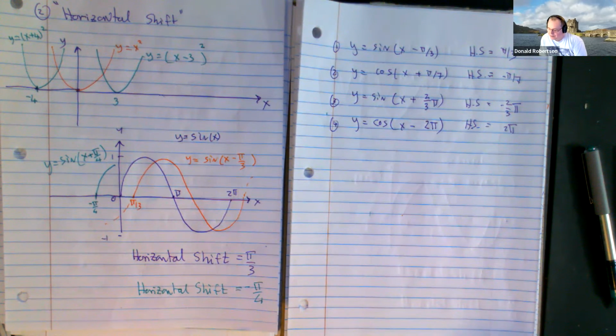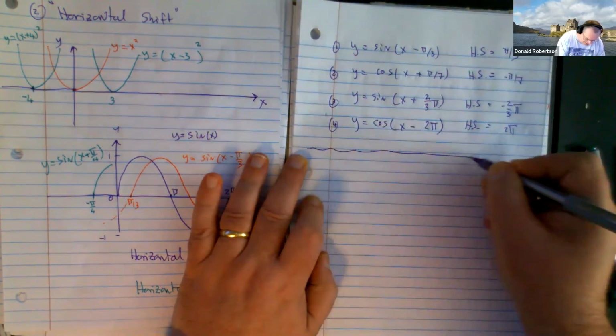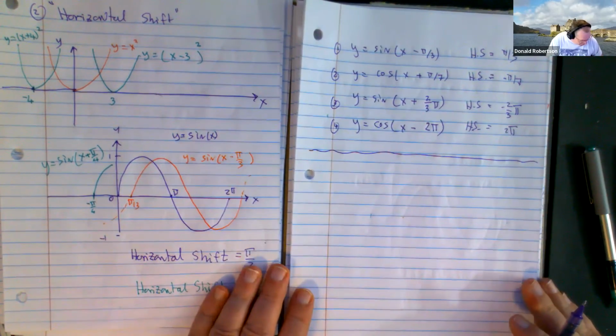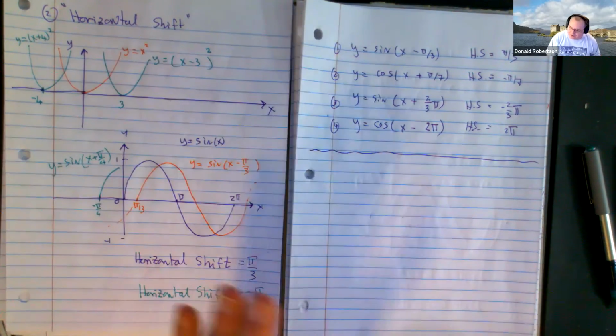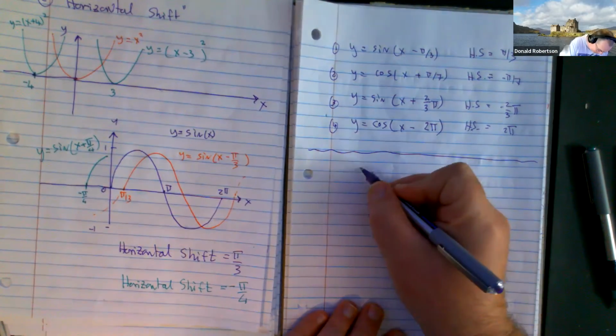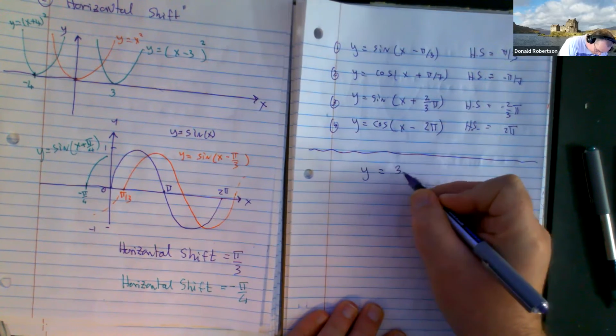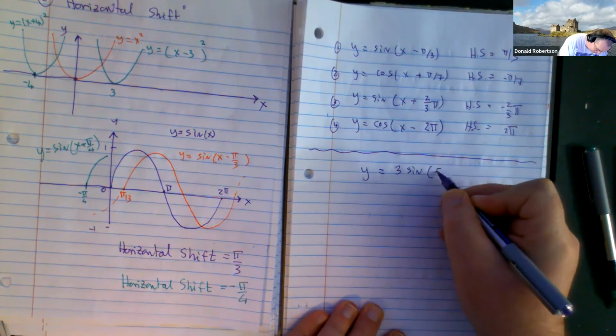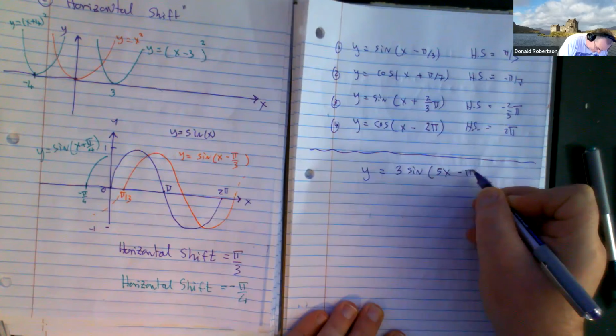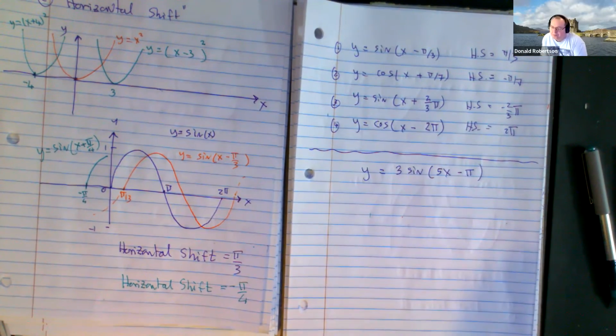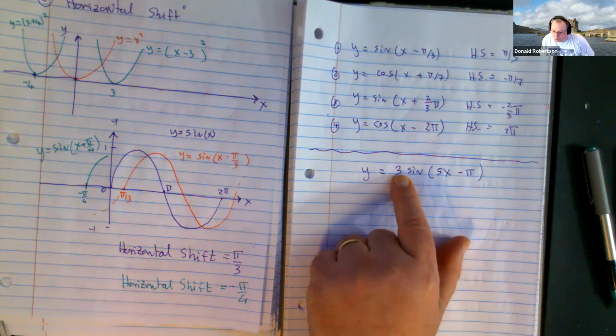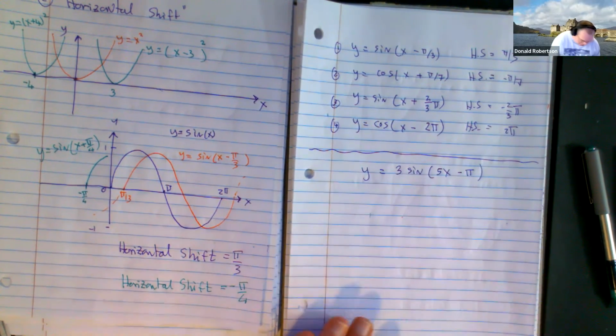So far, so good. Now, I kept saying these are the easy ones, and it's true they are. Now I'm going to show you the ultimate granddaddy version, the big ugly version of horizontal shift. You can, and you will, get questions that look like that. And we'll do each of the 3 things.